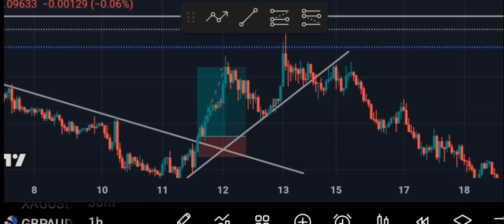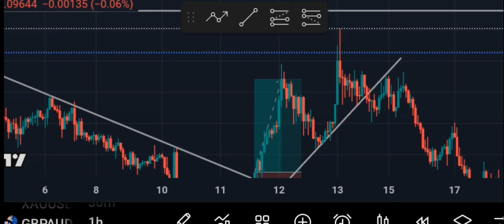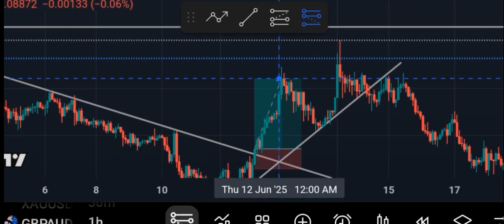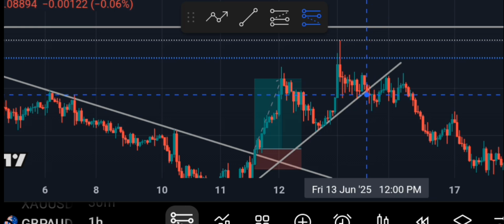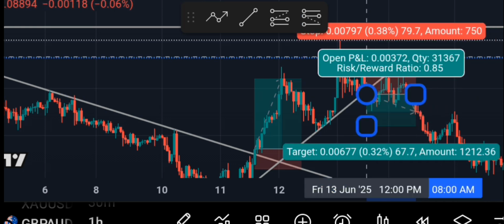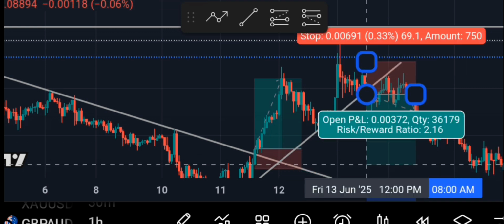So if you zoom closely, you see that there was a breakout below that trend line. So what you do next, you put your risk to reward ratio and put your stops above the candle that closes below that range.